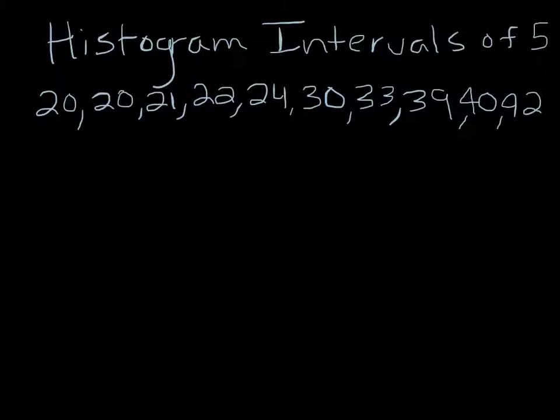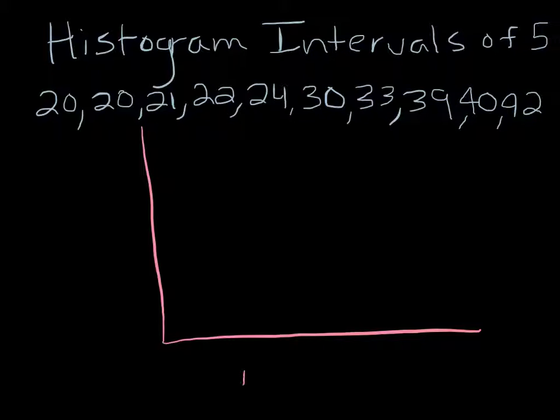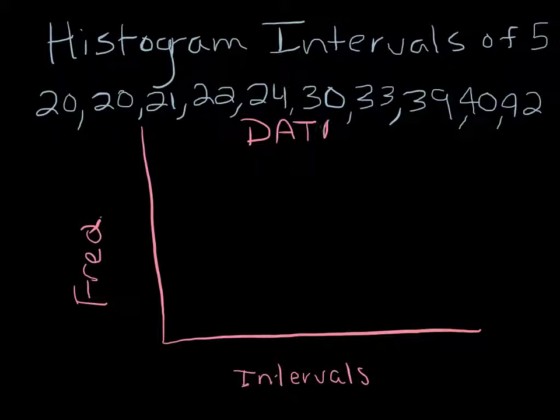Alright, we want to make a histogram of this data with intervals of 5. Okay, histogram is the one with the bars. Remember, down here is our intervals. Over here is our frequency. And this would be our label, so we'll just say data in this case. Okay, my first interval is going to start with 20, and it's going to go 5 values, so to 24.